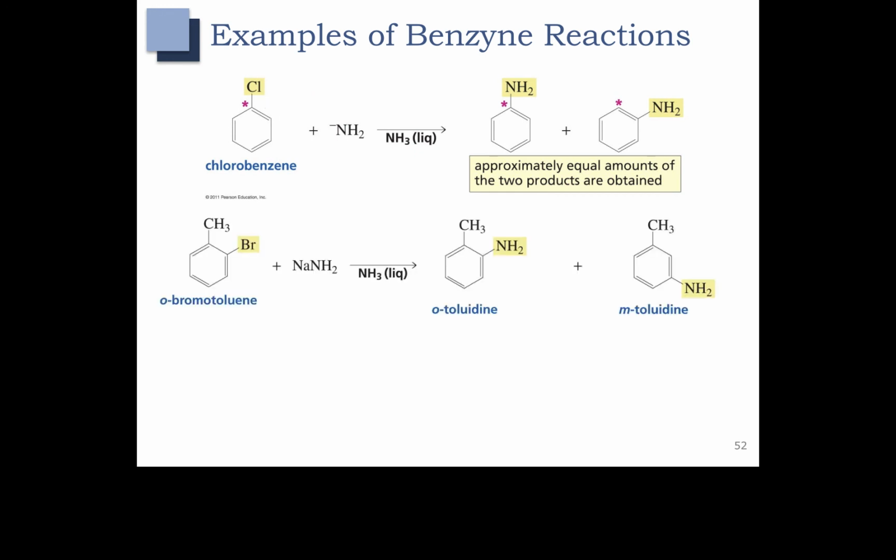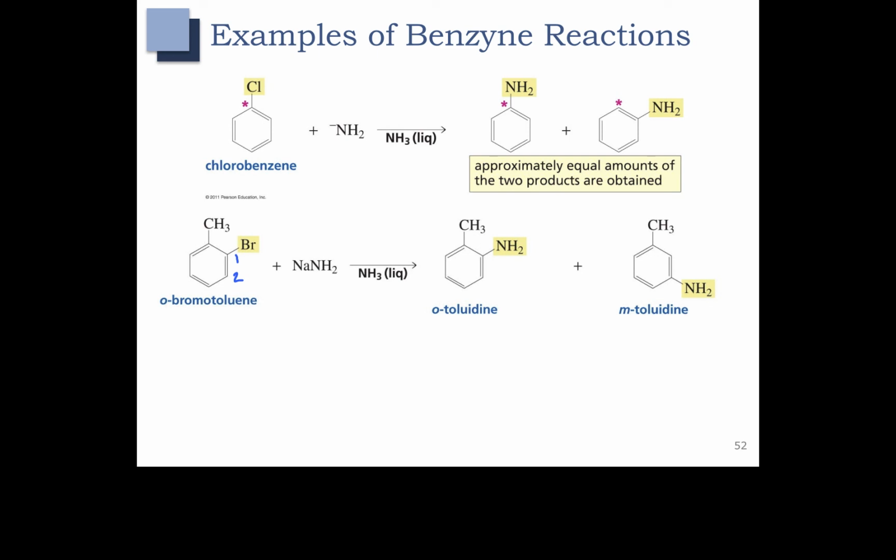In this next example, you can see that the benzyne can form between these two carbons here. In fact, I'll label them as carbons 1 and 2. And then the NH2- can attack either carbon 1 to give us the first product, or carbon 2 to give us the second product.